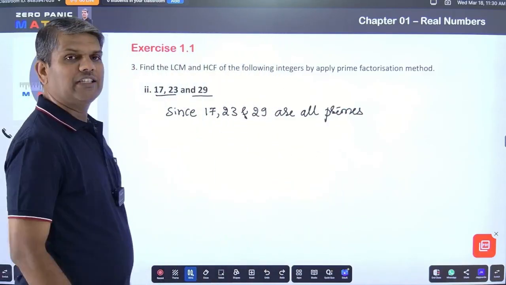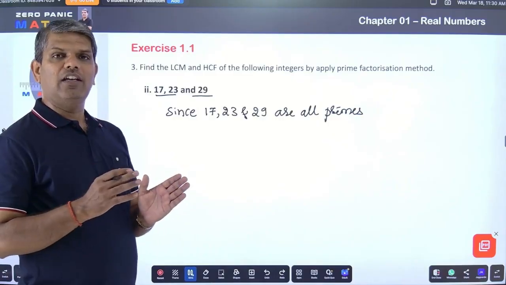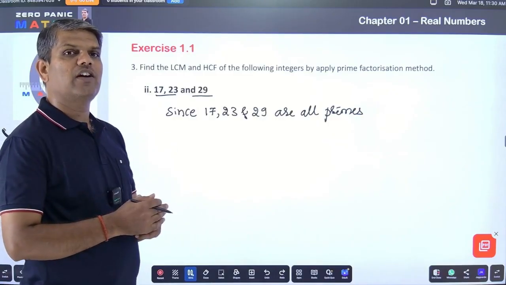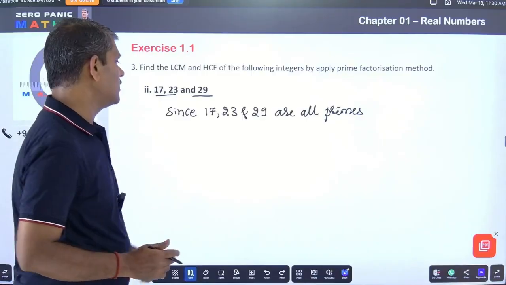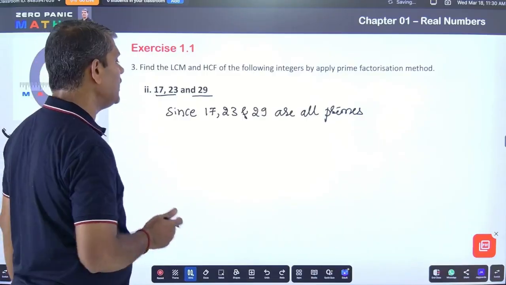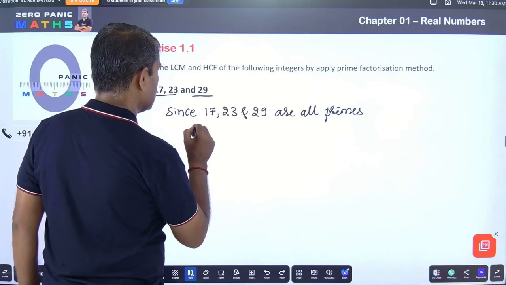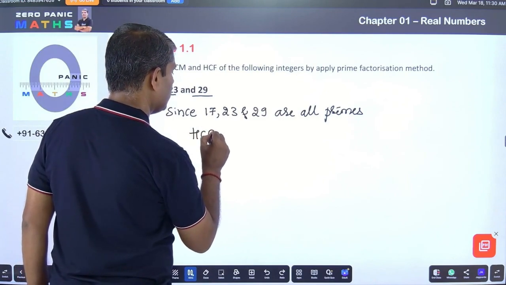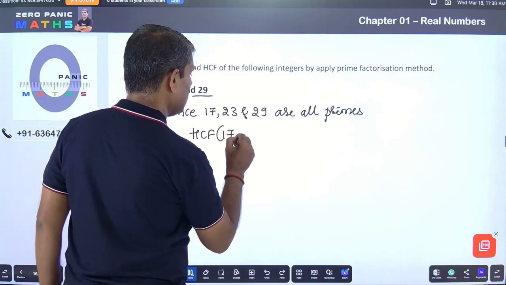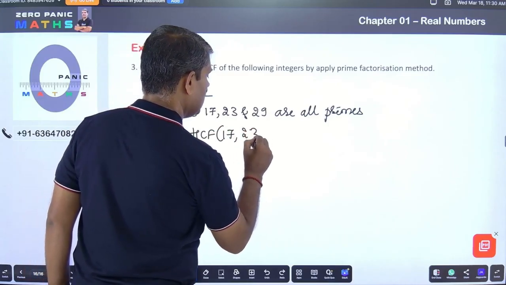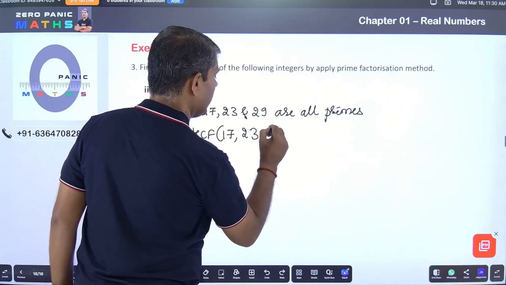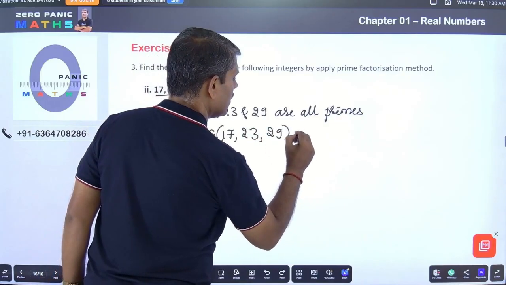So when there is a set of primes given and you are asked to find the HCF, it is always 1 because there is no common factor involved in all those numbers. So HCF of 17, 23 and 29 is 1 only.